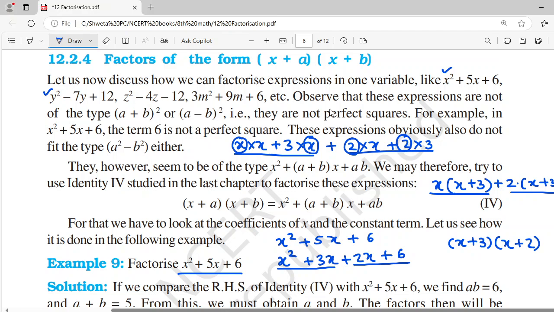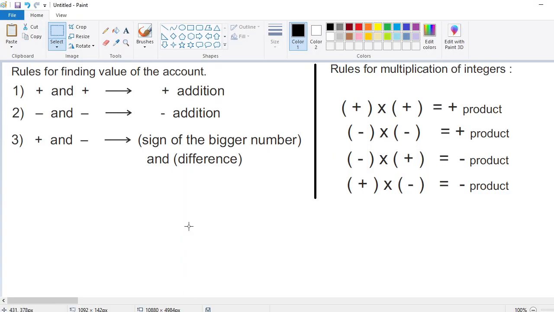Now this is very simple because each and every term is positive. There can be two terms negative or a single term negative. To learn how to factorize such terms, we have to revise addition and multiplication of integers. Observe here, when both the terms are positive, the product is positive. When both the terms are negative, then also the product is positive.